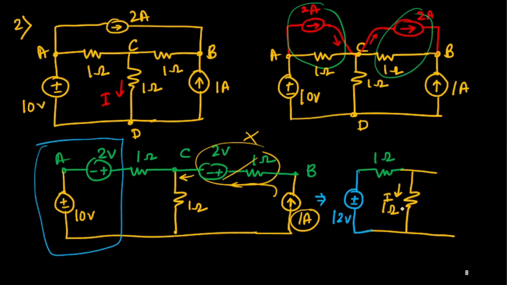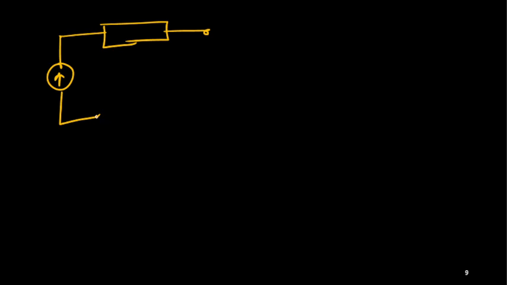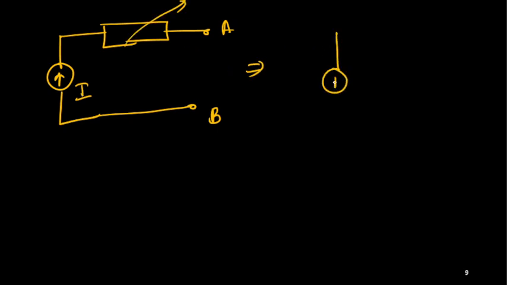If it is a current source I between A and B nodes, whatever element is connected in series with it, I can remove these elements and simply consider that current source only.